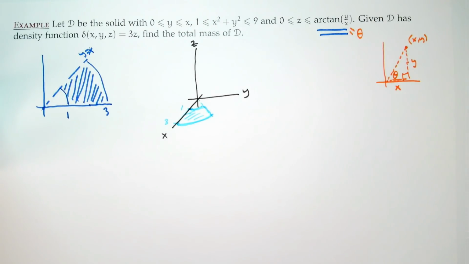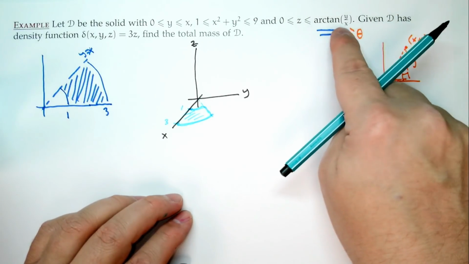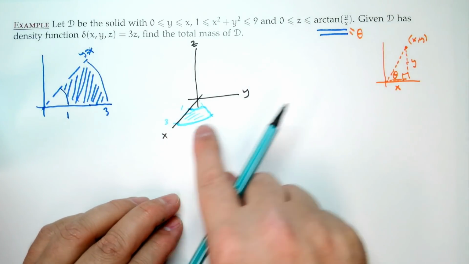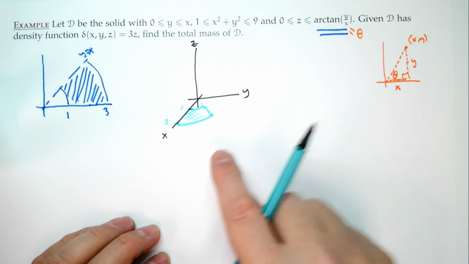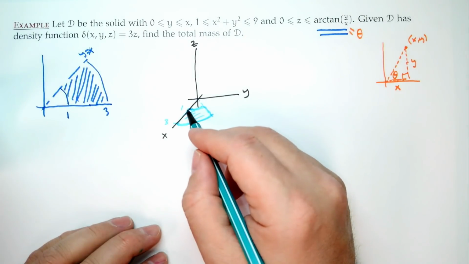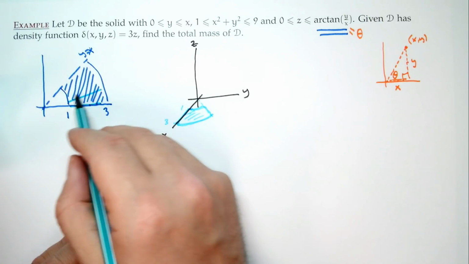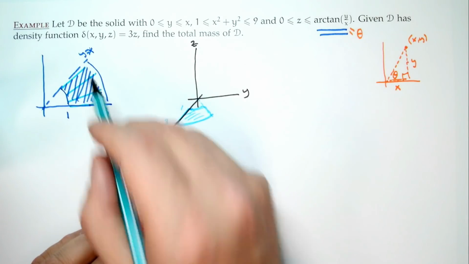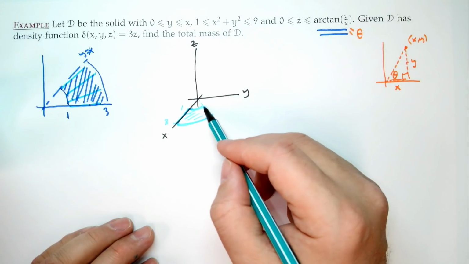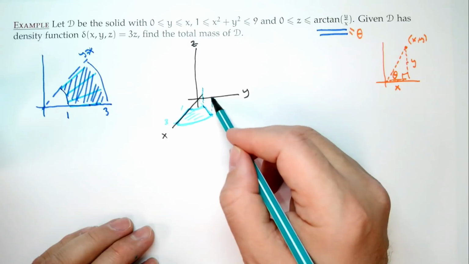Now, what happens is that initially I start off with 0 less than or equal to z less than or equal to arc tangent y over x. Now, z equals 0 is the bottom. It's what's already been drawn. Let's figure out what happens as we talk about the top. At this point, my angle is 0. Now as I move along here, my angle goes up, so that by the time I hit this point, it's been moved up to some height.